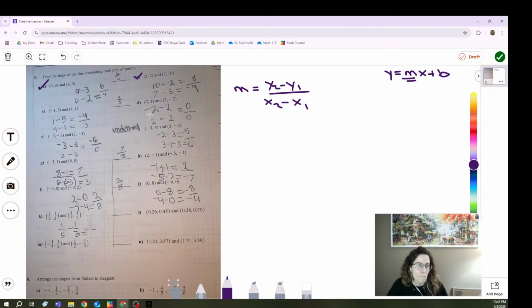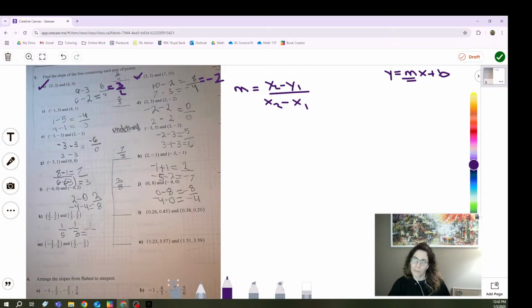Not 4 over 2. What number goes into both 6 and 4? Okay, how many times does 2 go into 6? That's better. Okay, so it would have been 3 over 2.